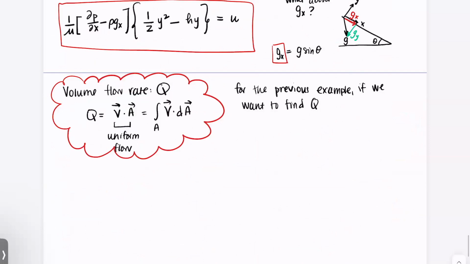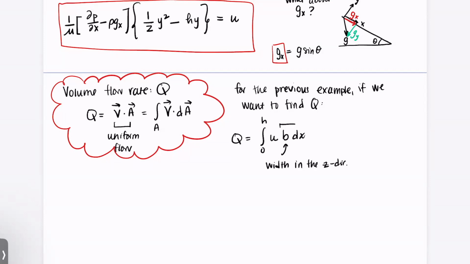Okay, so our Q is going to be equal to our integral from 0 to h of U, and actually I'm going to call the width B because W is the Z component of velocity, so I don't want to make that confusing. So this is our width in the Z direction, and then dx.